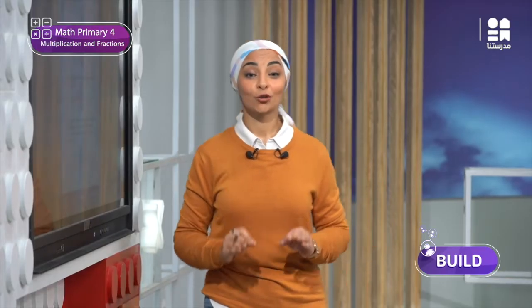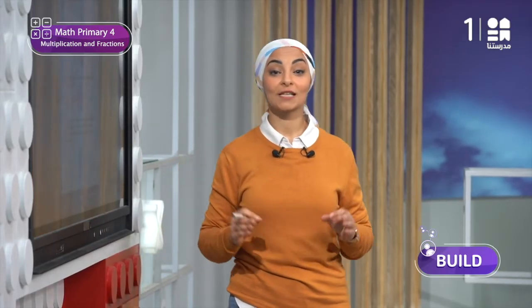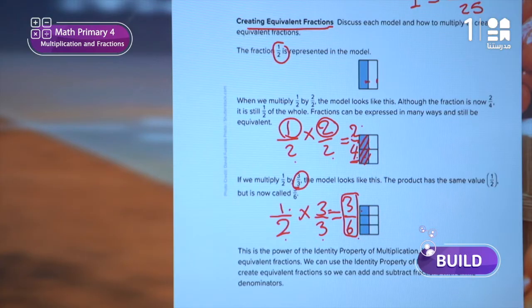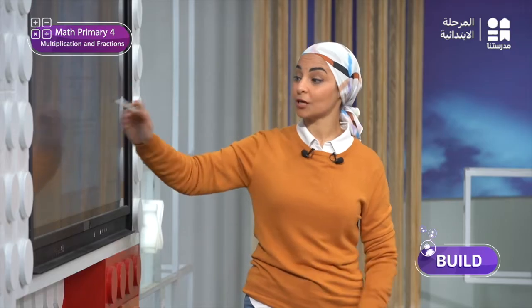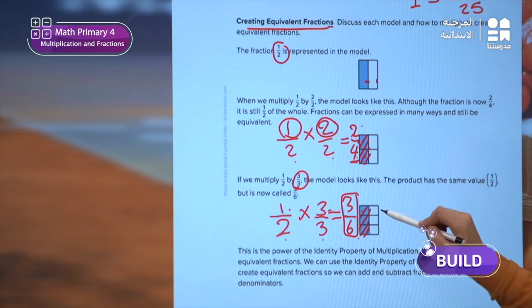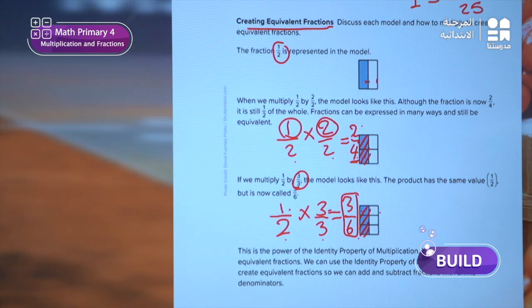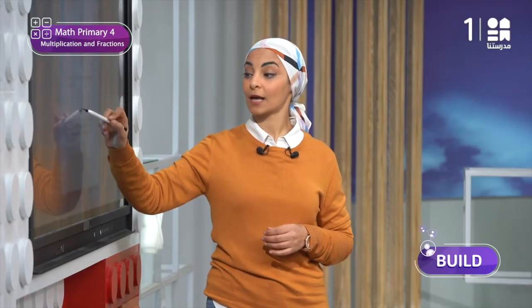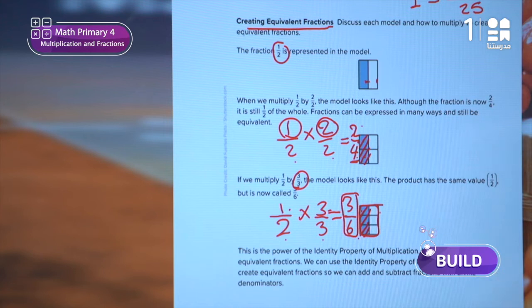I am sure you are noticing متأكدة إن أنتوا كلكم ملاحظين إن numerator 3 is half the 6, right؟ ده معناه إيه؟ ده معناه إن 3 over 6 is equivalent to half. وده الموديل اللي مرسوم عندنا 3 over 6 represent also half of the shape. So 3 shaded parts of 6 and 6 represent all the parts.